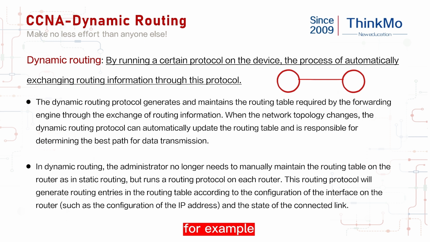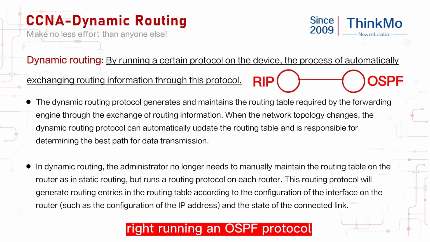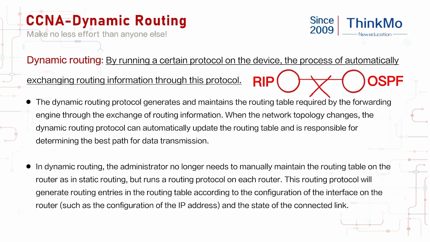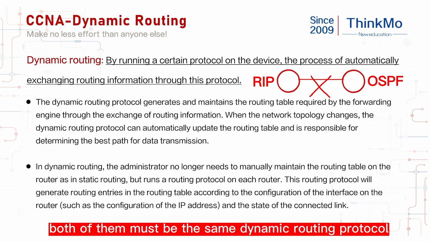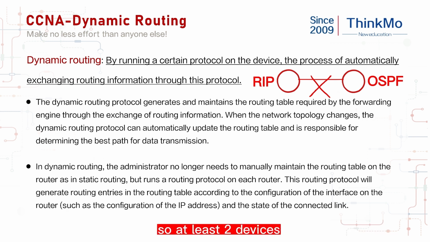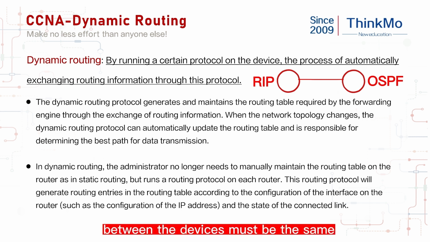For example, if we run a RIP protocol on the left and an OSPF protocol on the right, there is no way to establish a relationship between them, and no way to learn routes from each other. Both of them must run the same dynamic routing protocol. So at least 2 devices, and the protocol running between the devices must be the same.